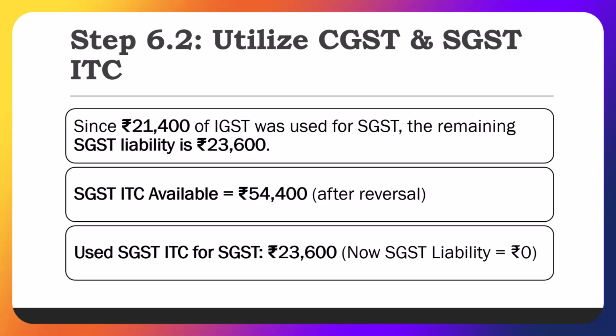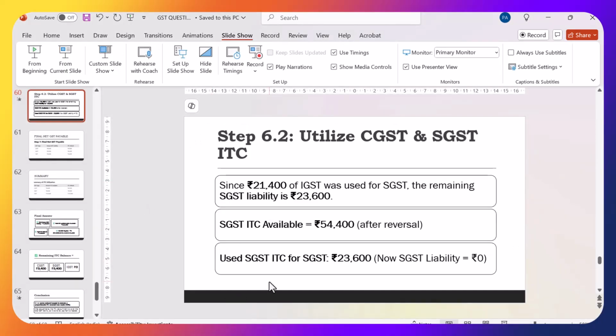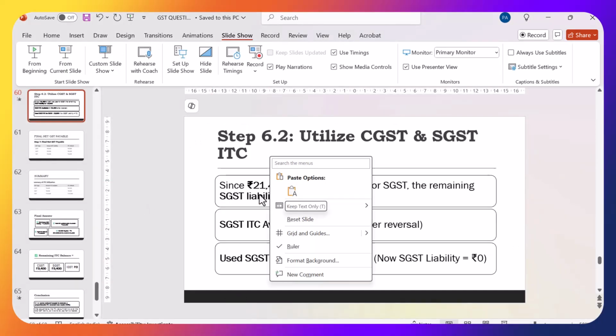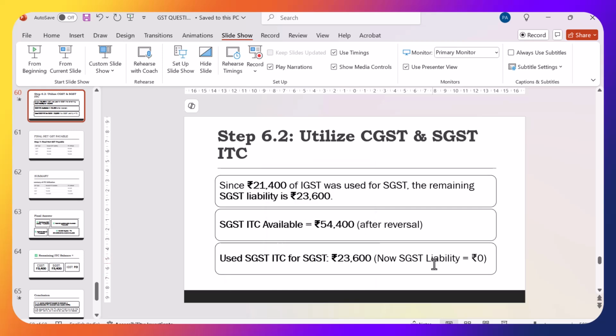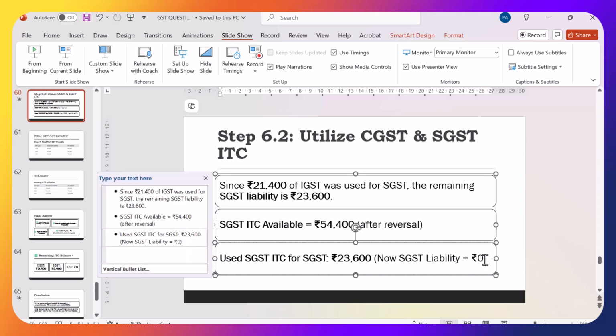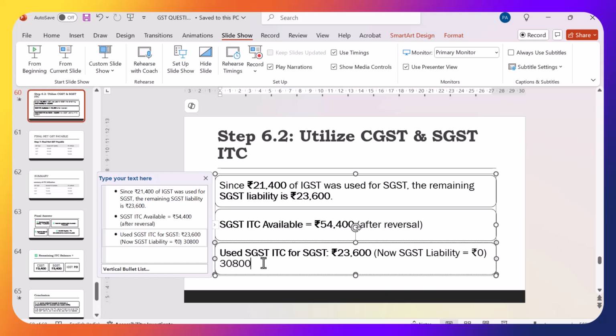Sir, it's 30,800 if I'm not wrong. Yes, you're right. So I'm just putting in the number here. The liability is zero, but the SGST, hold on, what was the amount? 30,800. Okay, so this is the balance remaining.